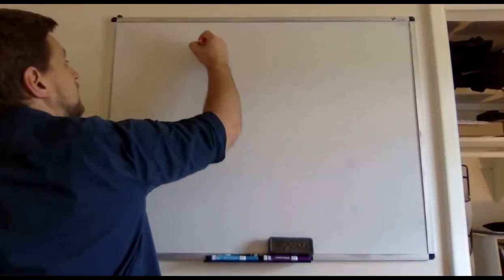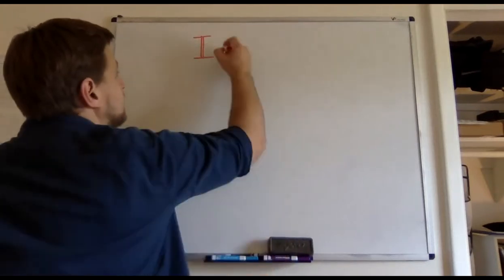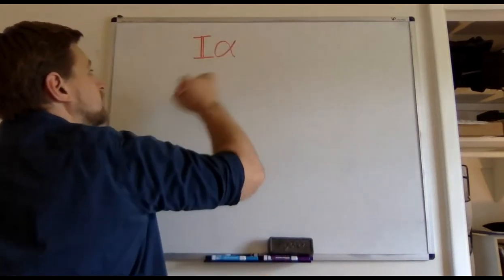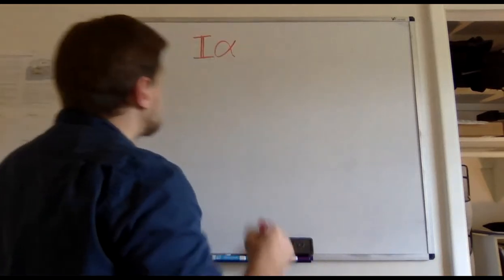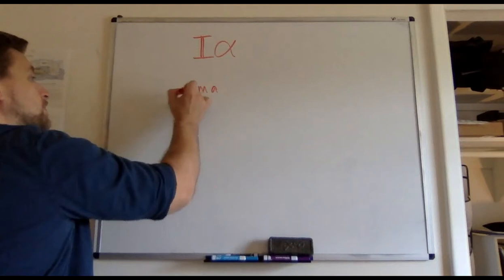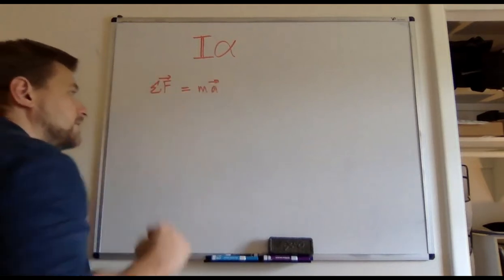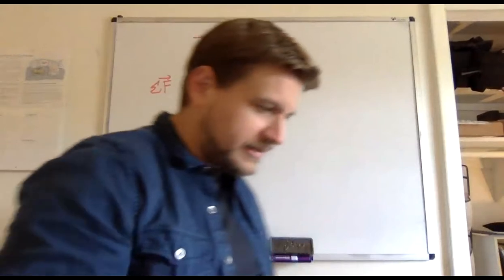So far, we have talked about rotational mass, moment of inertia, and rotational acceleration, alpha. Now I'm thinking about force, right? If I add up the linear force on an object, I get the mass times the acceleration.